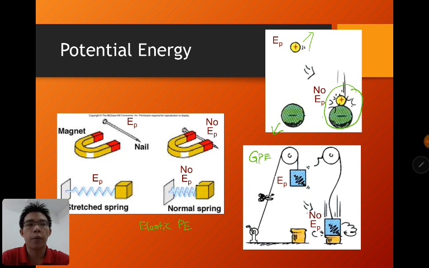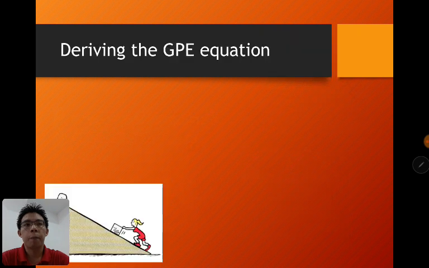So that's slightly different from the gravitational potential energy, where there's only one condition, whereas for springs or elastic objects, you actually can give them elastic potential energy by compressing or extending. So it has two situations where they can gain the elastic potential energy. Okay, so that's potential energy.